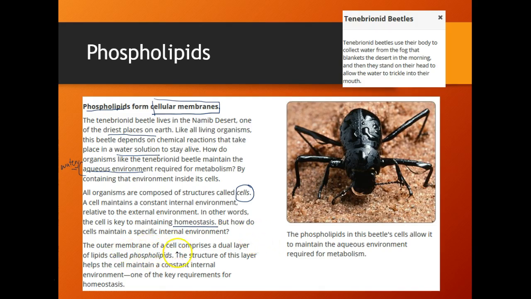So the outer membrane of a cell is comprised of a dual layer, so that's two layers of lipids called phospholipids. So we have two layers of phospholipids that make up the cell membrane. The structure of this layer helps the cell maintain a constant internal environment, which again is one of the key requirements for homeostasis. And we'll go ahead and take a closer look at what this looks like.